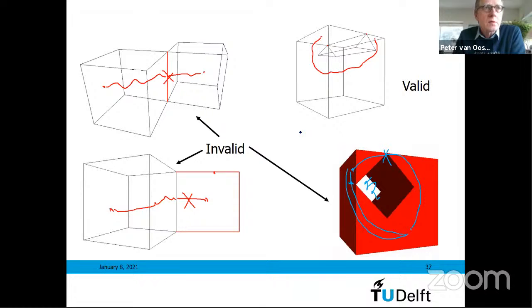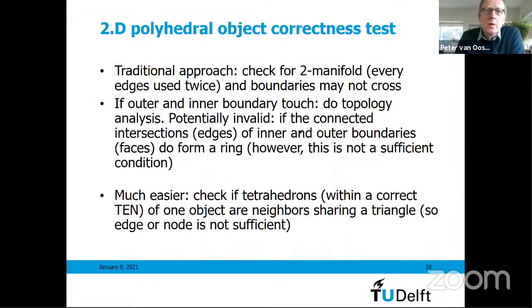Also databases that want to support 3D volumetric objects have really an issue with a good test. So converting it to a tetrahedral network is the way to be able to do a solid test. That is rather trivial.